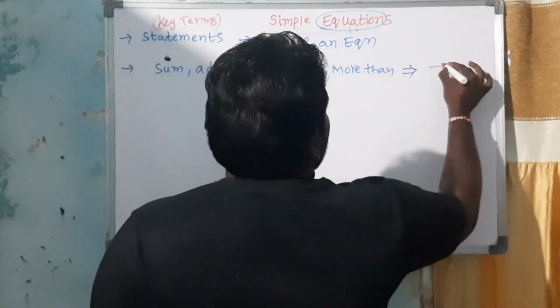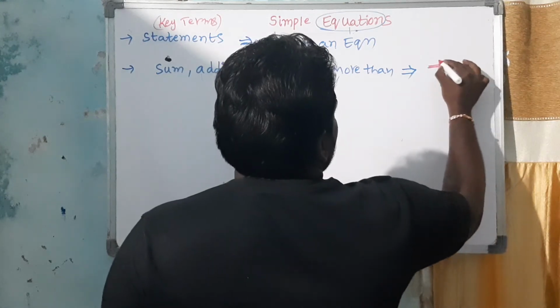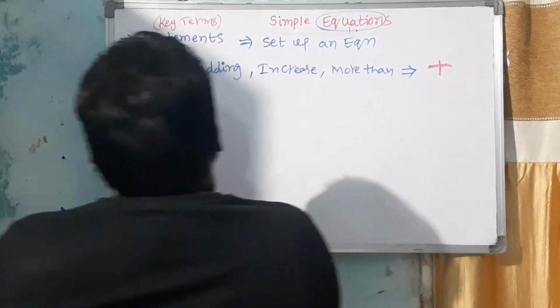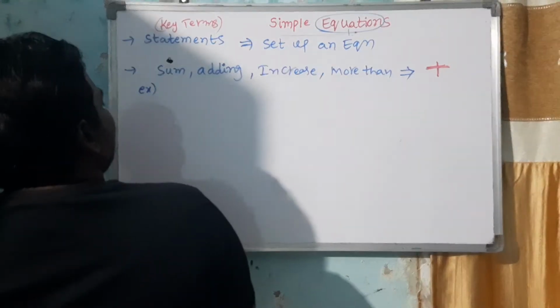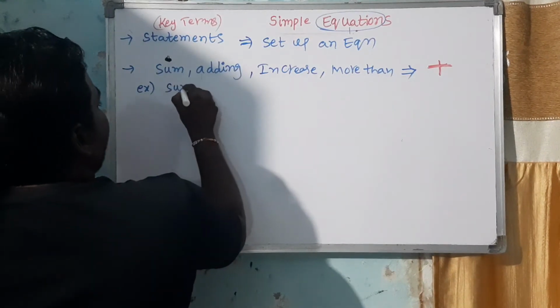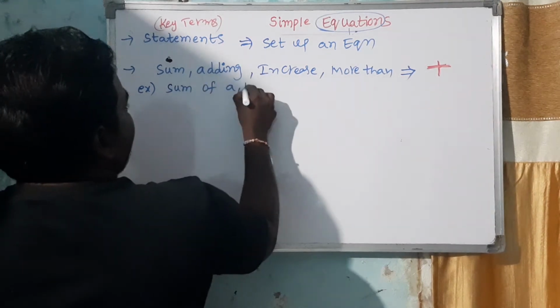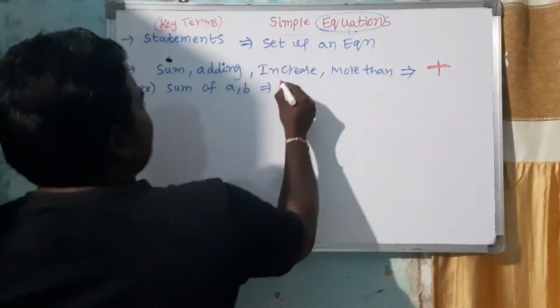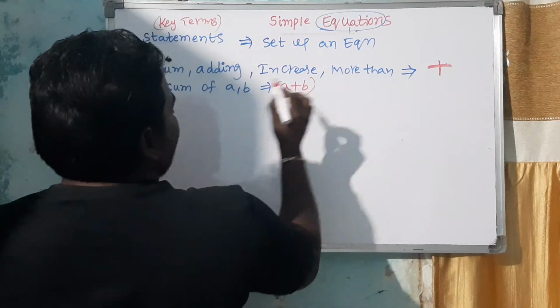These mean plus. If you take an example, sum of a, b is nothing but a plus b. I have told you already.